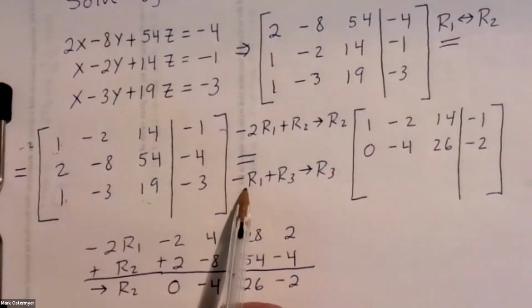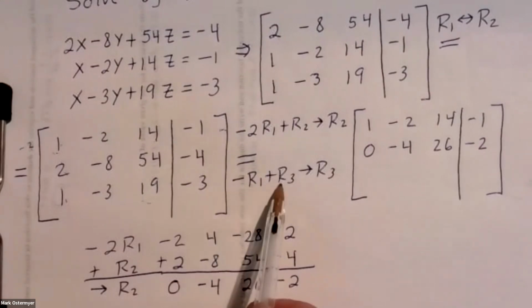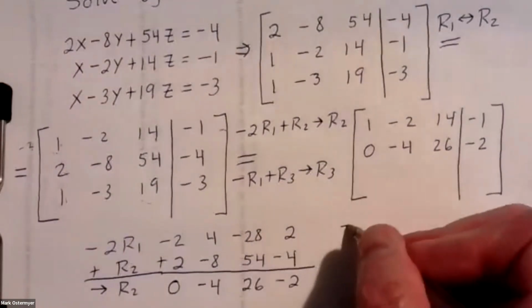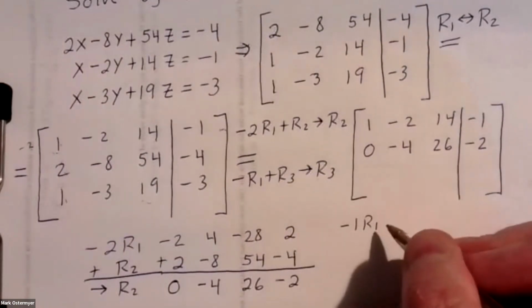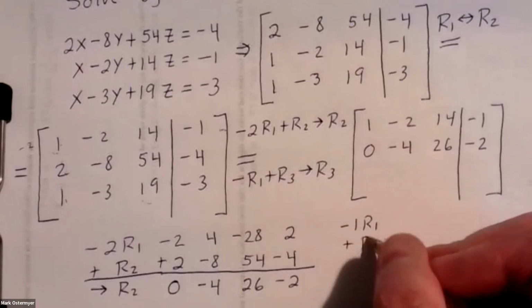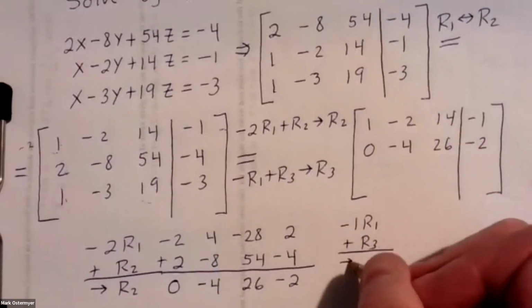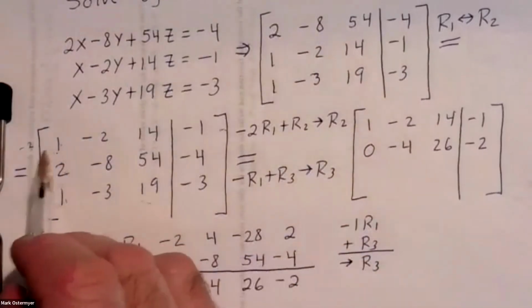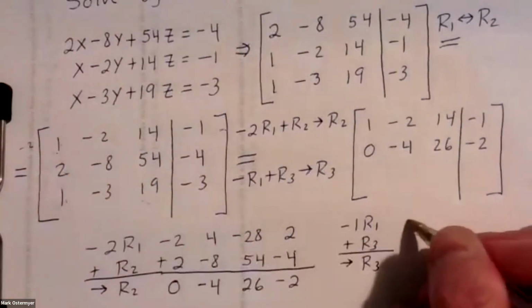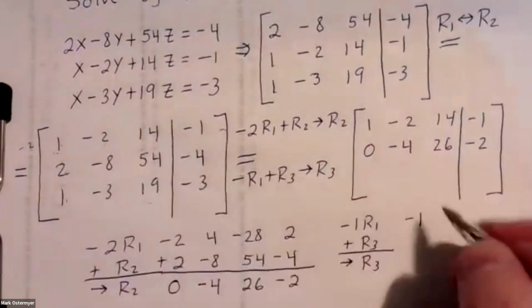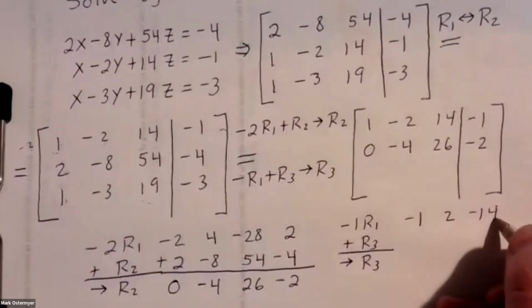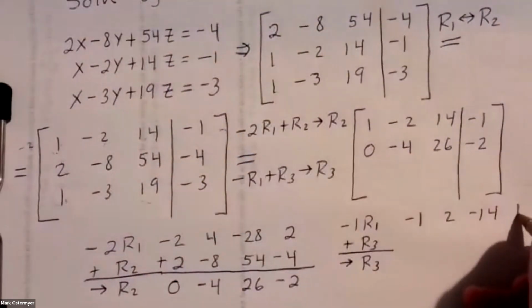Now we need to change row 3 using row 1. Specifically, I'm going to multiply row 1 by -1, add it to row 3 to produce a new row 3. So here we go. -1 times row 1 entries added to row 3. What's -1 times row 1's entries? -1 times 1, -1. -1 times -2, +2. -1 times 14, -14. -1 times -1, +1.